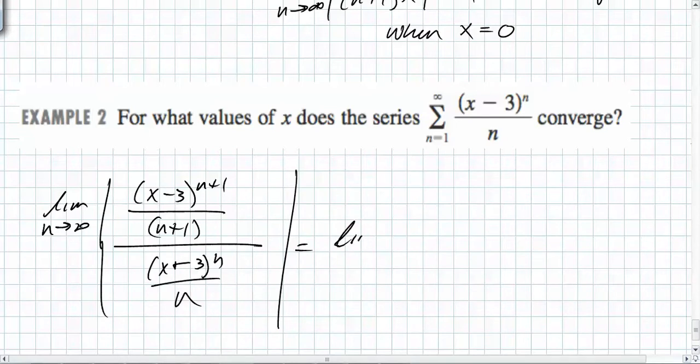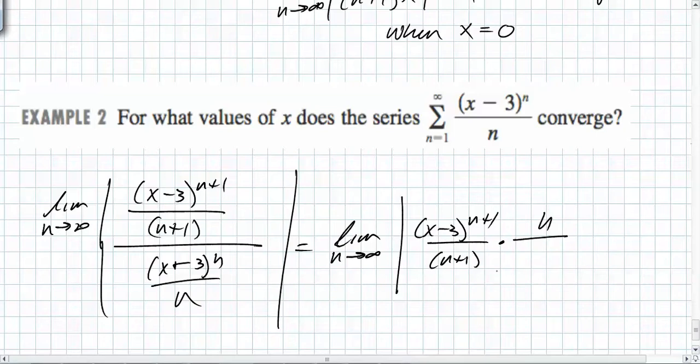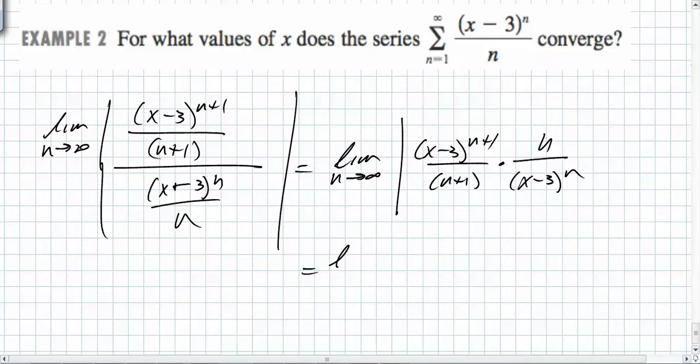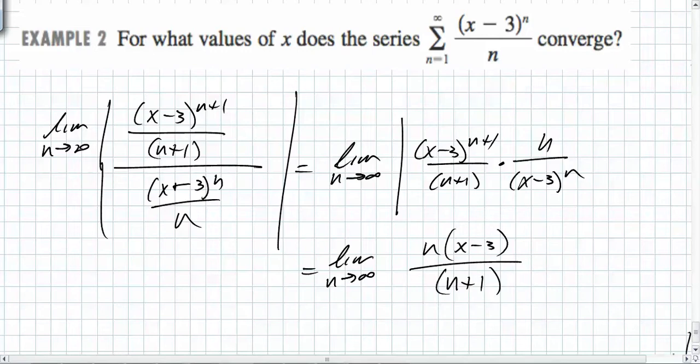And that's going to be the limit as n goes to infinity of (x minus 3) to the n plus 1 over n plus 1 times what? Over to the n. Now what's that going to be? Yeah, it's going to be n times (x minus 3) all over what? Over n plus 1. Exactly.